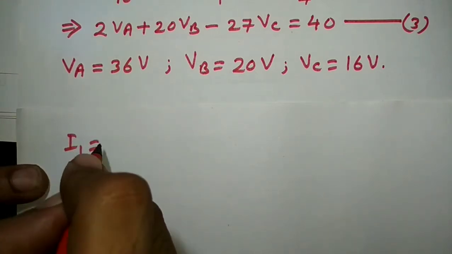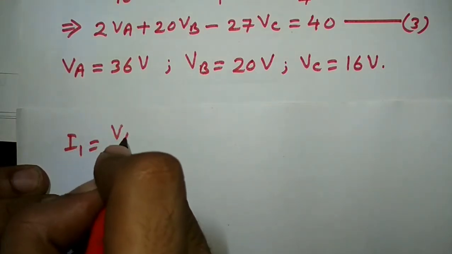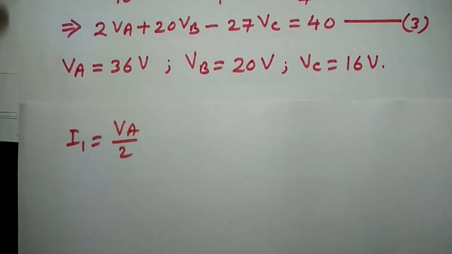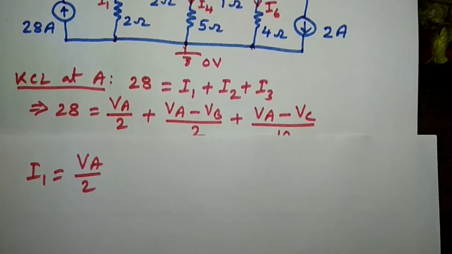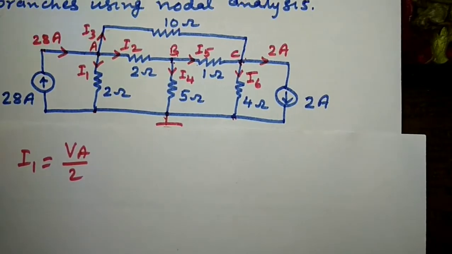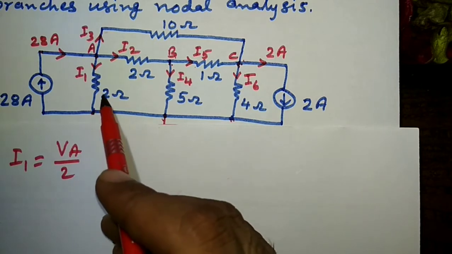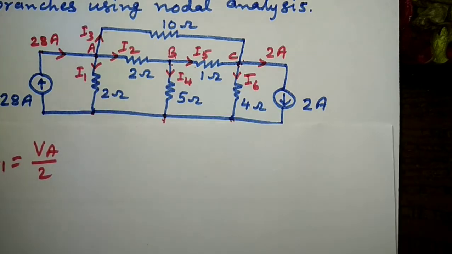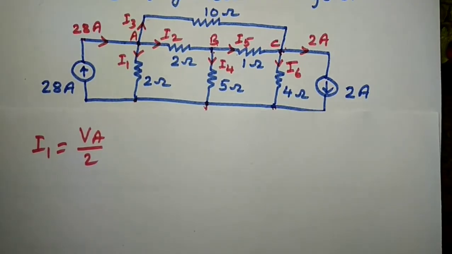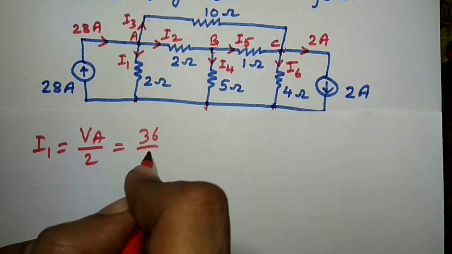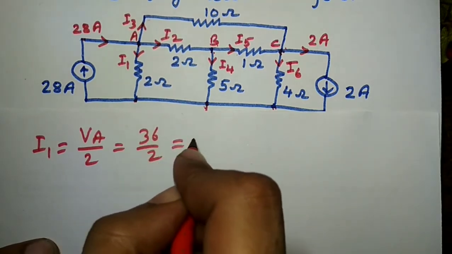I1 will be equal to VA upon 2, because if you see the value of I1 is here, so it is VA minus 0 upon 2. As we see the value of VA equal to 36, so it can be written as 36 by 2, that is 18 ampere.